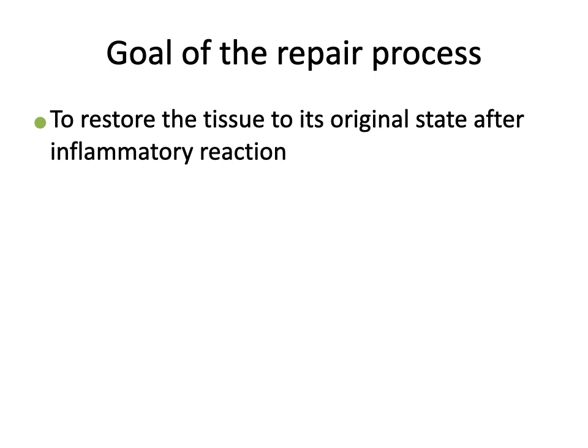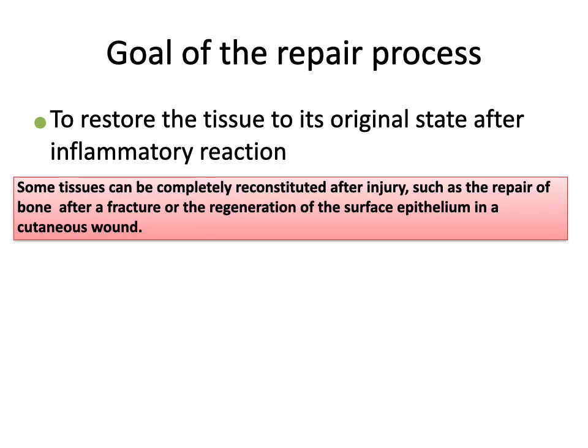So part of the inflammatory process, aside from killing the organism, is of course to contain it, as we talked about last time. Also part and parcel of that is to try to repair what has been damaged during that phase of the inflammatory response. Now, some tissues can be completely reconstituted after an injury, such as the bone after a fracture or regeneration of the surface epithelium in a cutaneous wound.